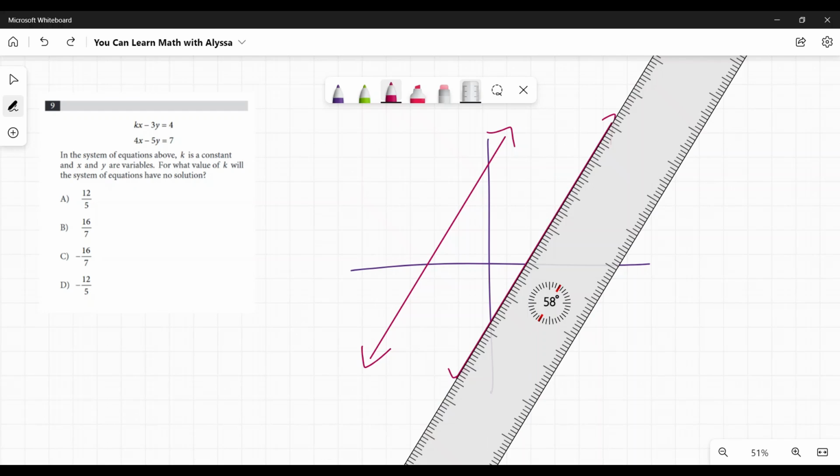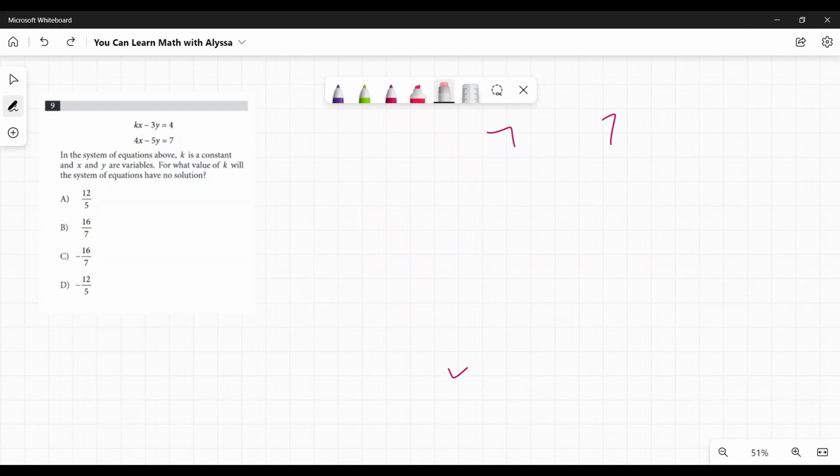Now, I think it's easiest to deal with slope if the lines are in slope-intercept form. So that's what I'm going to do. I'm going to change both of these into slope-intercept form so I can very easily see the slopes of these two lines. So first here on the left, to put it in slope-intercept form, you just need to isolate y.